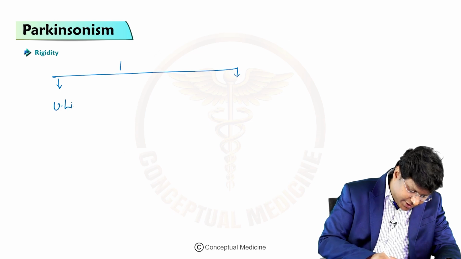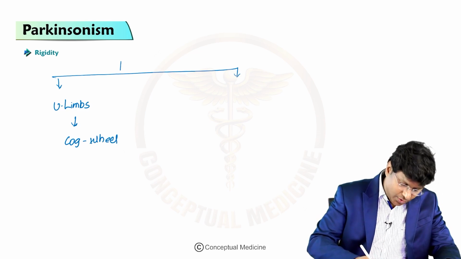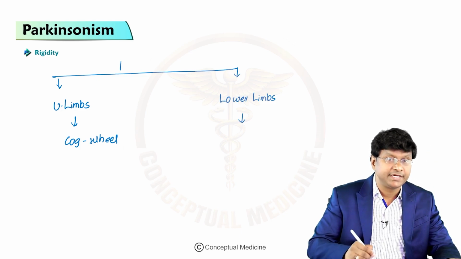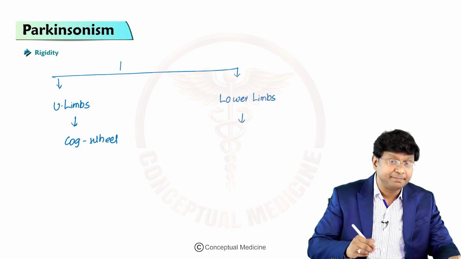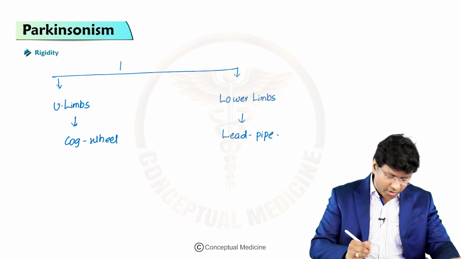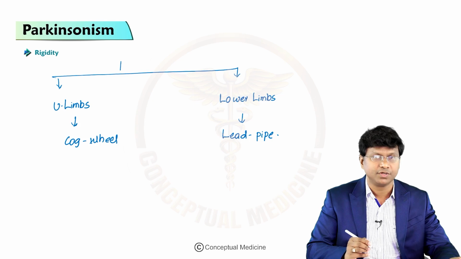The type of rigidity that you will have in the upper limbs is cogwheel rigidity, whereas in the lower limbs, the type of rigidity that you will have is lead pipe rigidity. Cogwheel rigidity in the upper limbs and lead pipe rigidity in the lower limbs, okay?